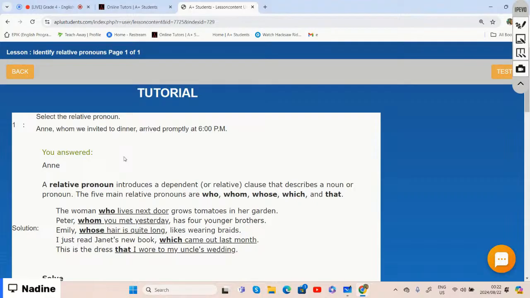All right. So let's do this activity and then we're going on to our test. It says, and whom we invited to dinner arrived promptly at 6 p.m. We need to select the relative pronoun within that sentence.